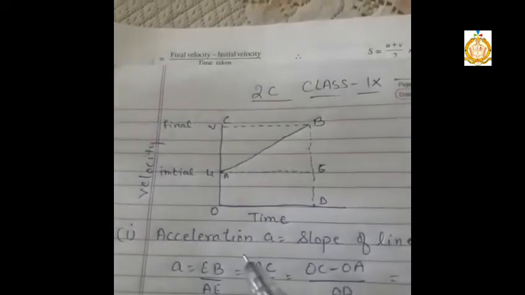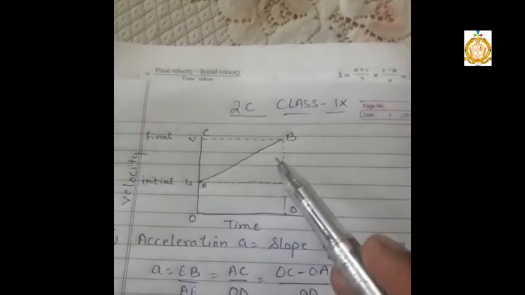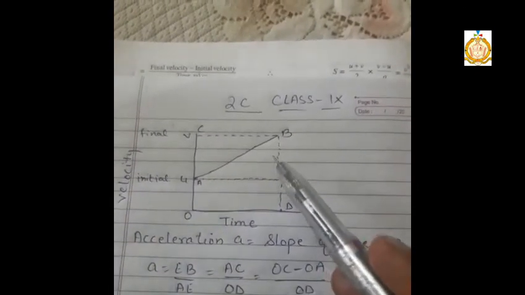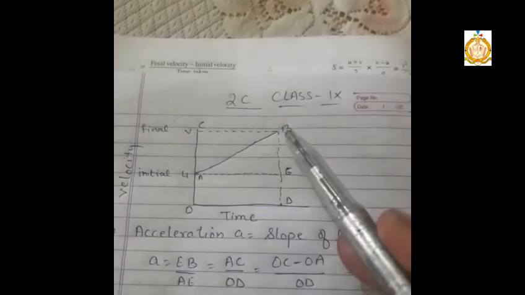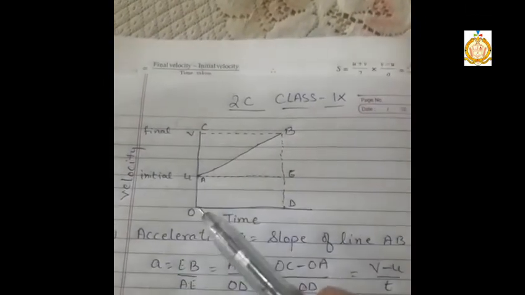If we want to find acceleration, we can find it from the slope of the line AB. In the previous video we discussed how to find the slope, that is the side toward the y-axis upon the side toward the x-axis.